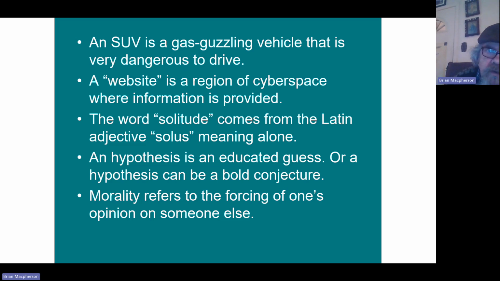So again, it's got to be another intentional definition. Region is very general, right? Cyberspace is less general. Information provided is more specific. So it's clearly an intentional definition by genus and difference, where the genus is, I guess, region or perhaps cyberspace. And I don't think it's being used persuasively, so I think it's fair to say it's being used lexically.